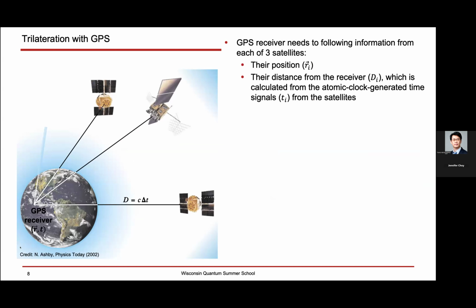Let's start with the concept of triangulation, which I think you've probably all heard of, right? So if you have an observer on Earth trying to figure out where you are, you see 3 GPS satellites, and each of them will broadcast to you their location, their position. Then you can figure out the distance from the receiver, because every time you get a position broadcast, you also get a timestamp associated with it.